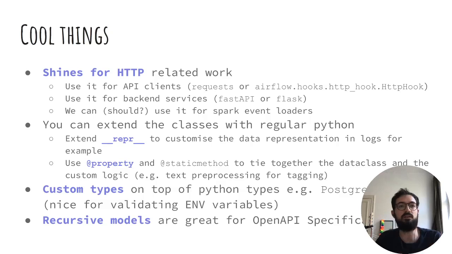You can just use the native representation function there, and then it's going to display the object in your logs the way you want it to. Or for example, the property decorator, so you can add a bunch of properties to the object, even though they are not part of the JSON event that comes in, but you can enrich that object with a lot of logic that just belongs there.